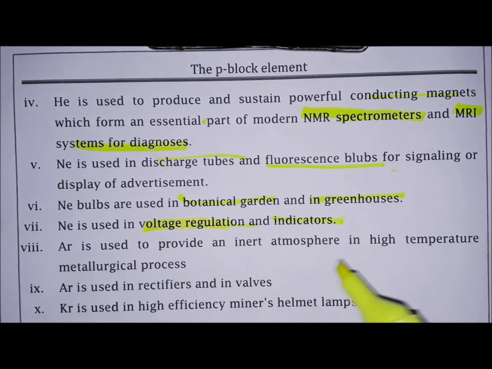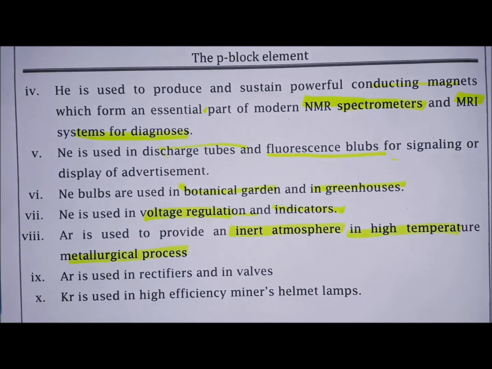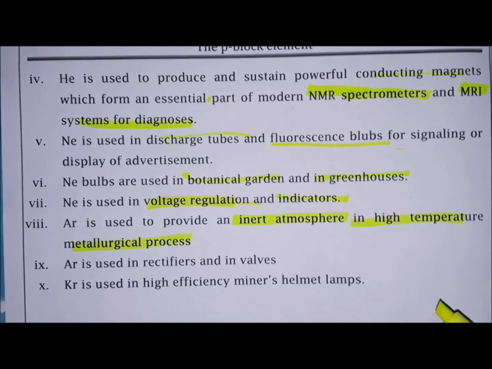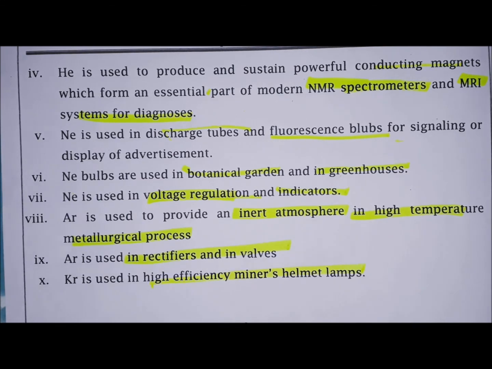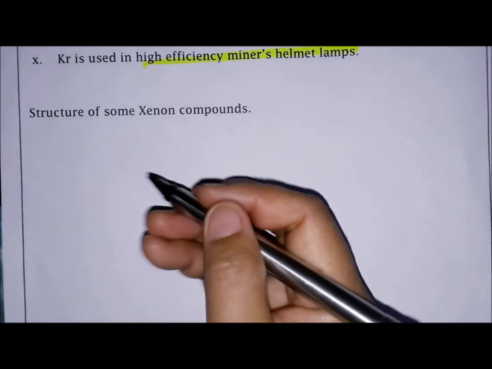Argon is used to provide an inert atmosphere in high temperature metallurgical processes or in the lab; if you need an inert atmosphere then argon gas is used. Argon gas is also used as a rectifier. Then krypton is used in high efficiency miners' helmet lamps etc.